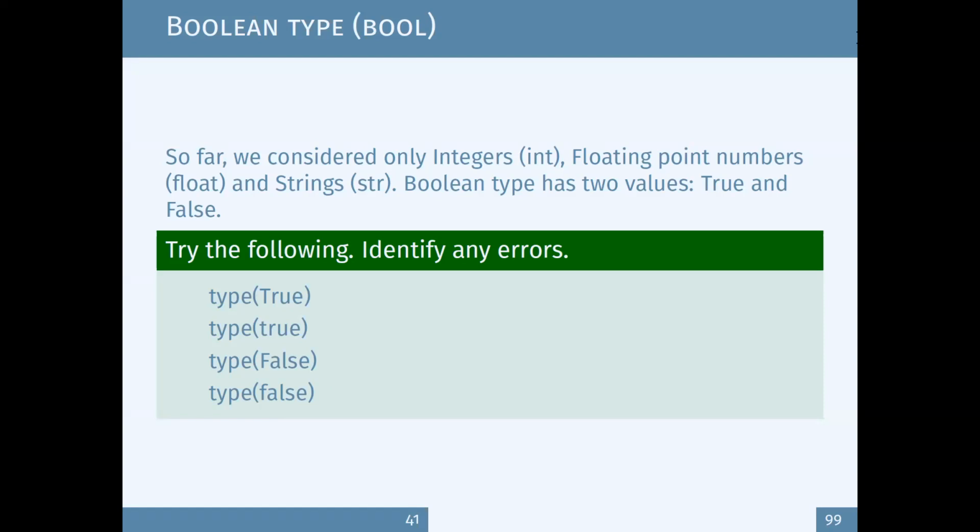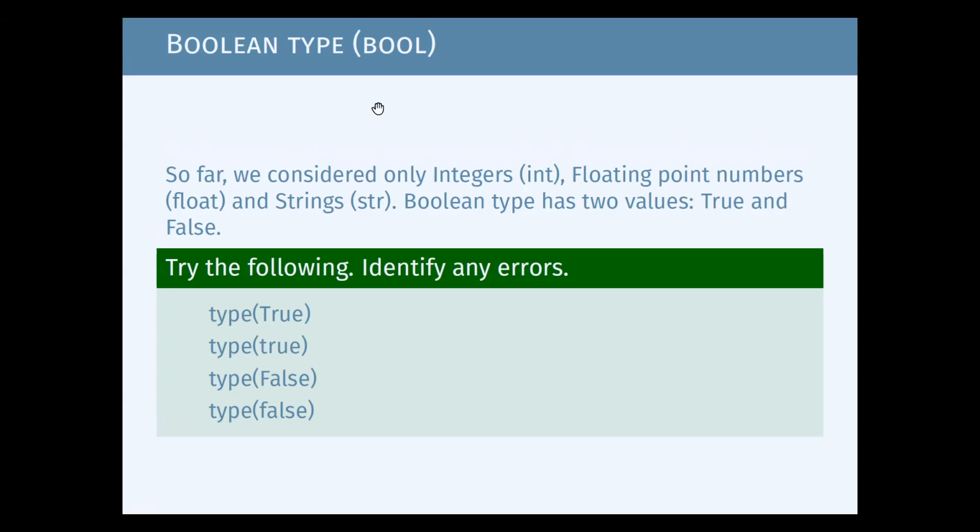So let me show you this. Let me try. Simply just check these types. So I'm going to get the 2 types, True and False, and they are special values we use.